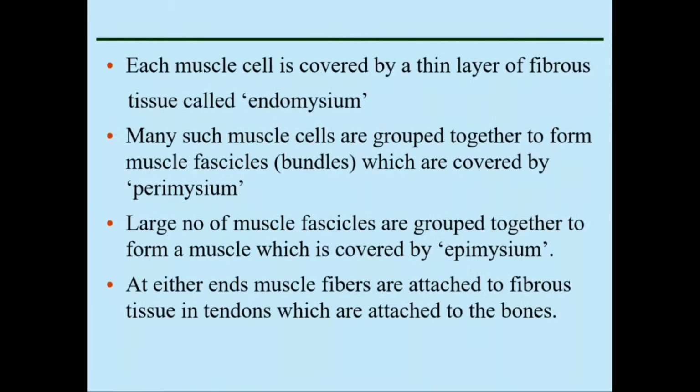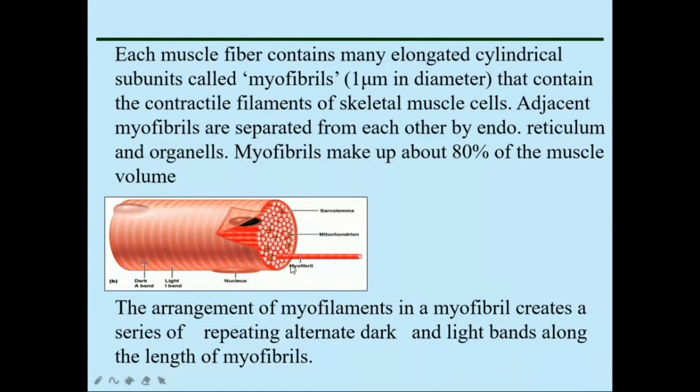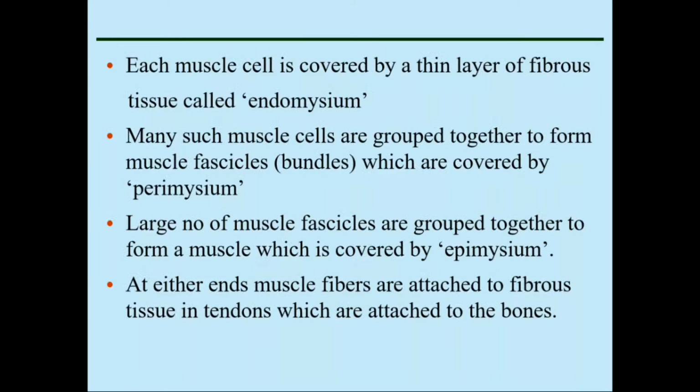Each muscle cell is covered by a thin layer of fibrous tissue called endomysium. So if you see here, this is the single muscle fiber as shown here, and the single muscle fiber is covered by a thin fibrous layer, and this thin fibrous layer is called endomysium.